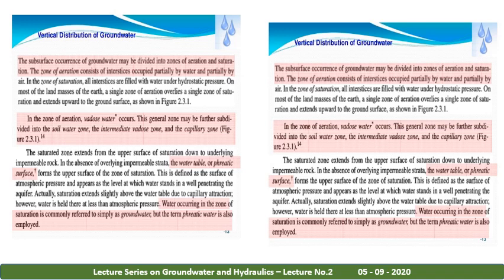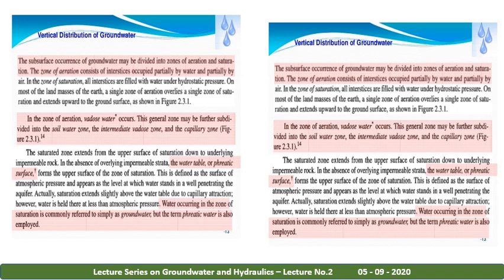The phreatic zone may extend to considerable depth, but as the depth increases, the overburden tends to close the pore spaces. That means as the depth increases, the pore capacity also decreases, and relatively little water is found at greater depth.